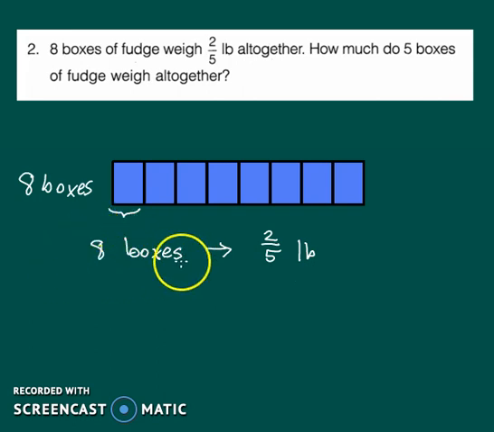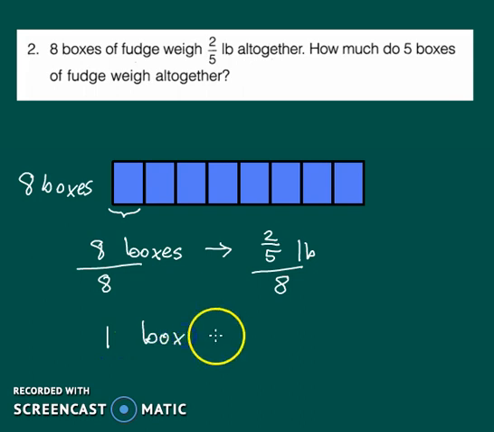Well, we're going to have to divide both sides by 8 to find that out. But now we're stuck dividing a fraction by 8. What's another way that we can express that? I'm just going to copy one box here. Dividing by a number is the same as multiplying by its reciprocal.